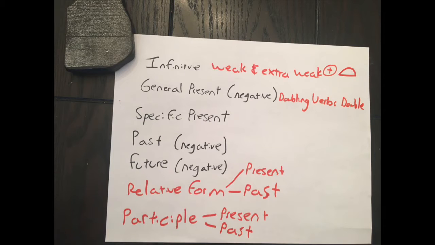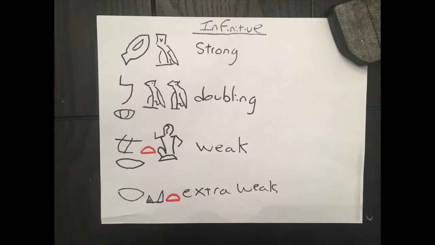Gee, what a shocker. A verb called a doubling verb doubles. Well, that's how you recognize the present tense. And of course, you use context to also try to figure out the other verbs.